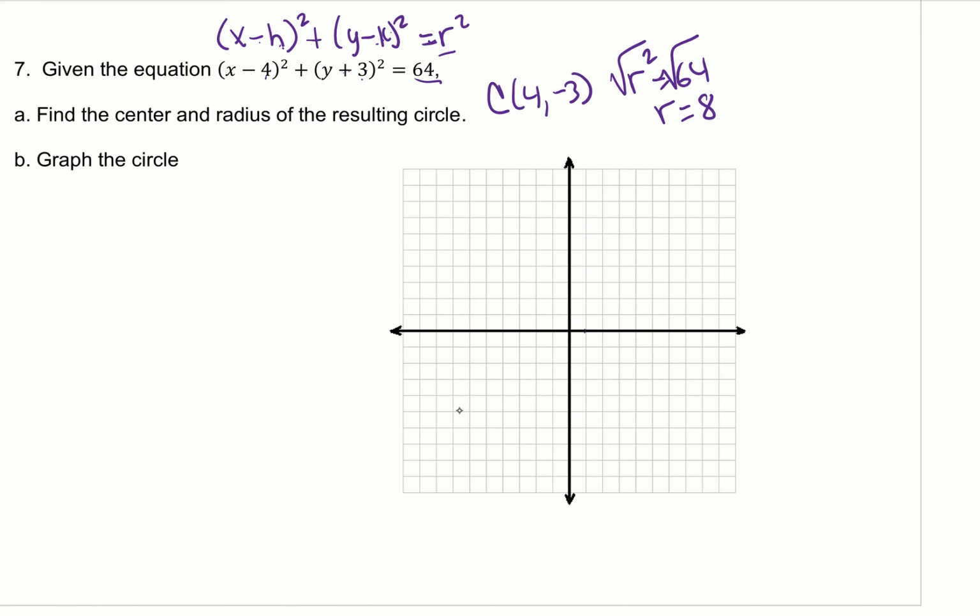So let's graph the center here. 1, 2, 3, 4. 1, 2, 3. That's our center. Let's do our radius 8 out from each side. 1, 2, 3, 4, 5, 6. We need some more space. 7, 8 right here.